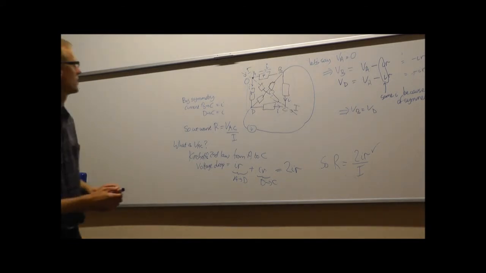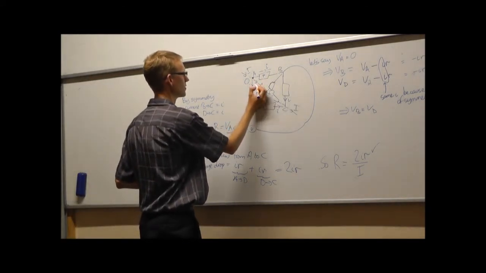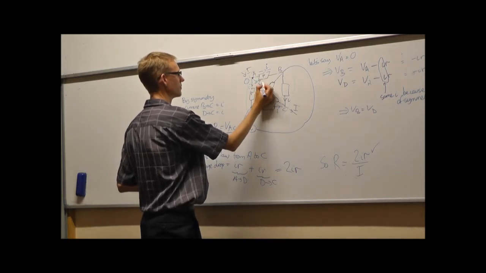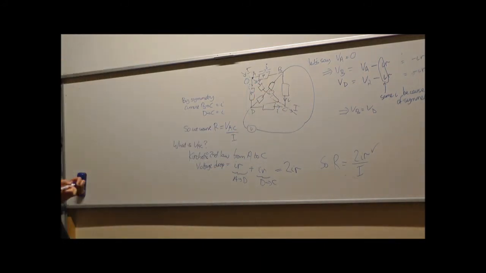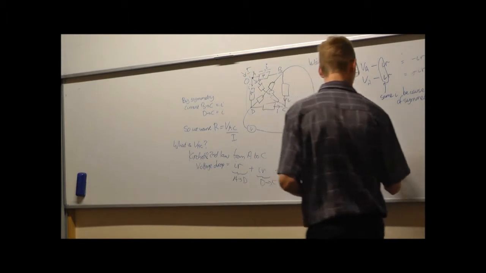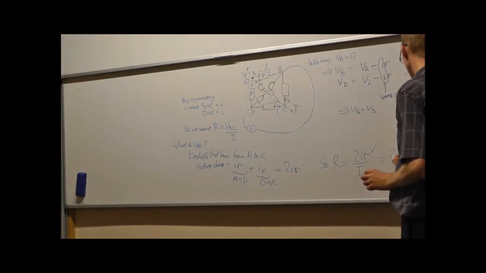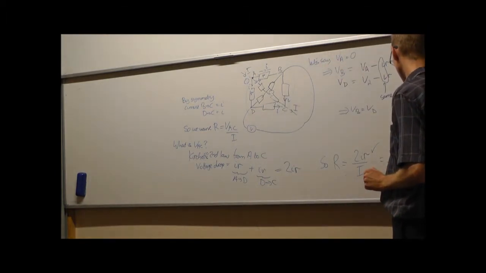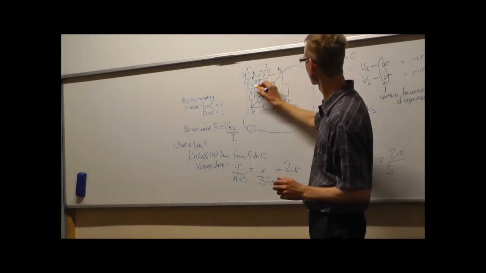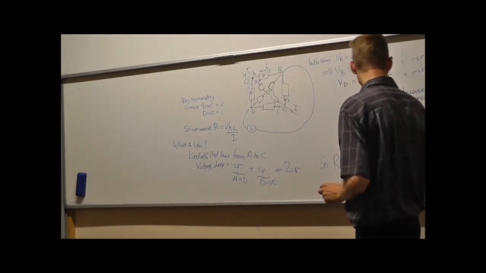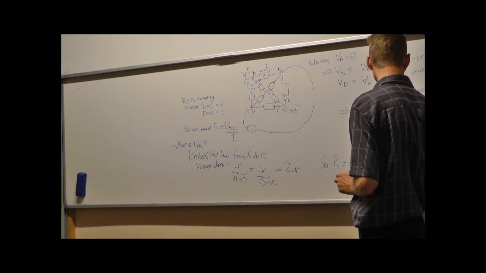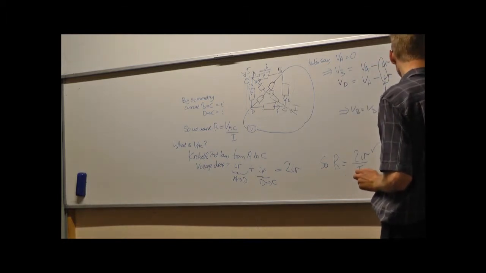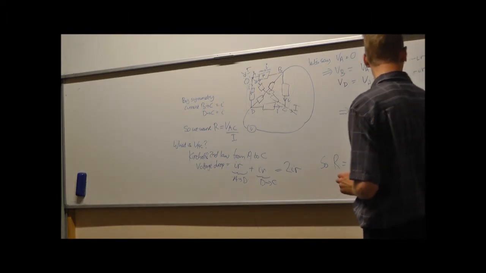Now, what is this one here? Let's call that I tilde. So that's 2IR over 2I, which is that one, plus I tilde. What is I tilde?